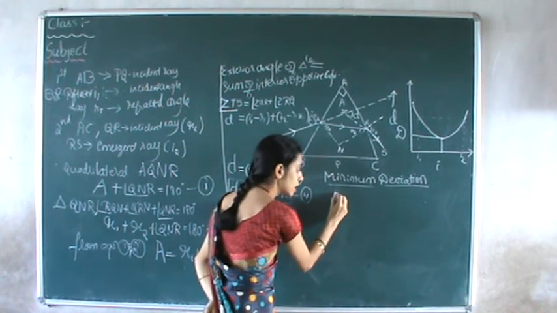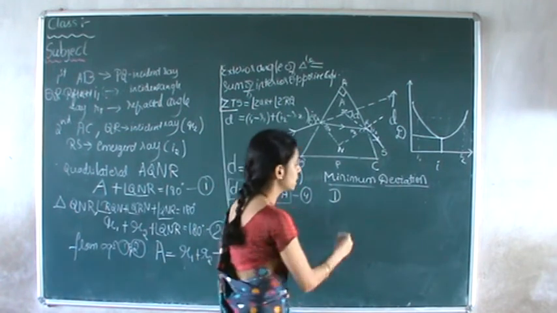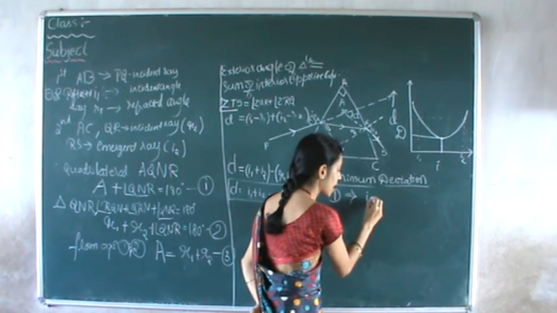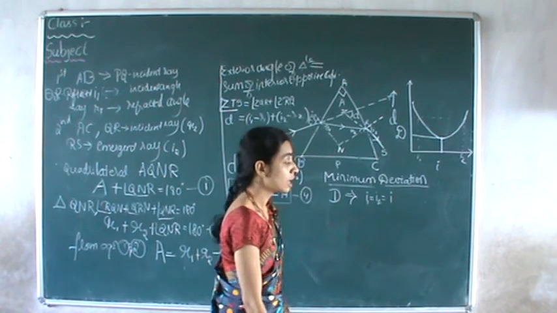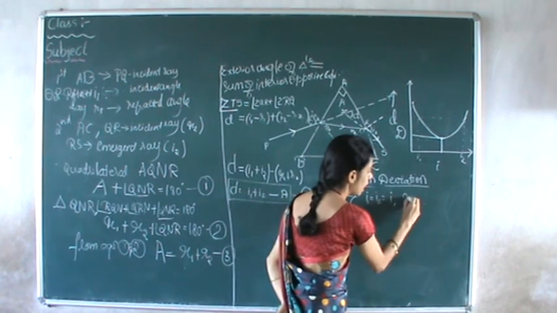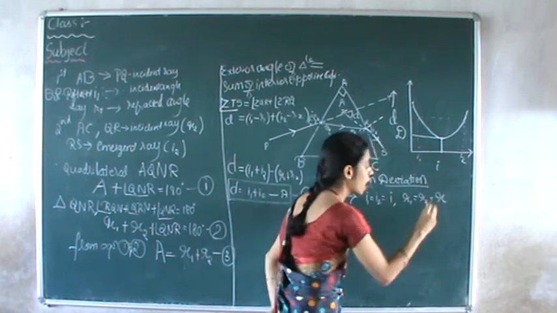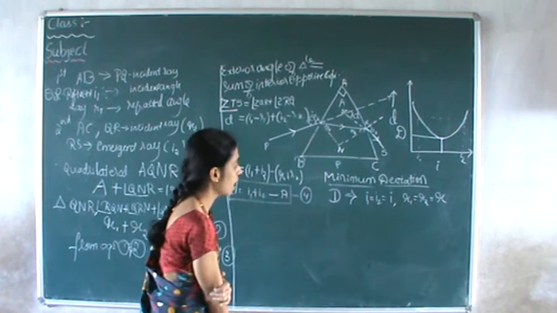If D is the minimum deviation value, in that case angle of incidence I1 will be equal to I2 will be equal to I, and R1 will be equal to R2 will be equal to R.